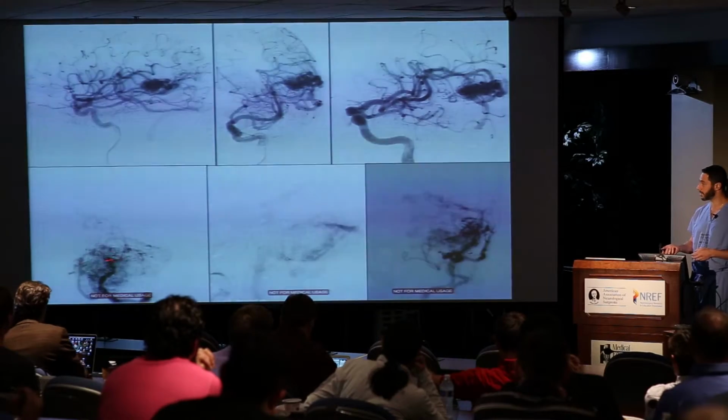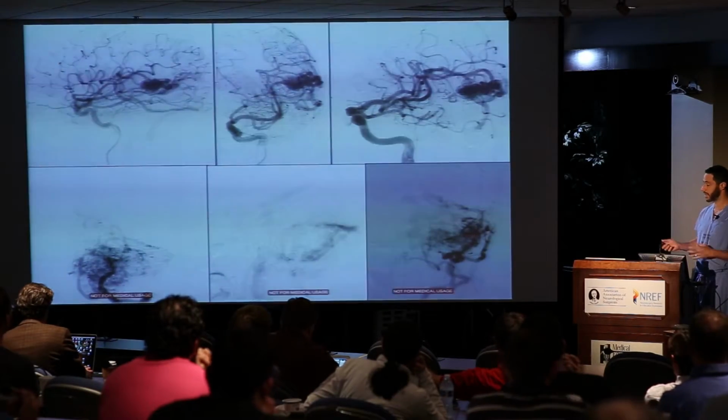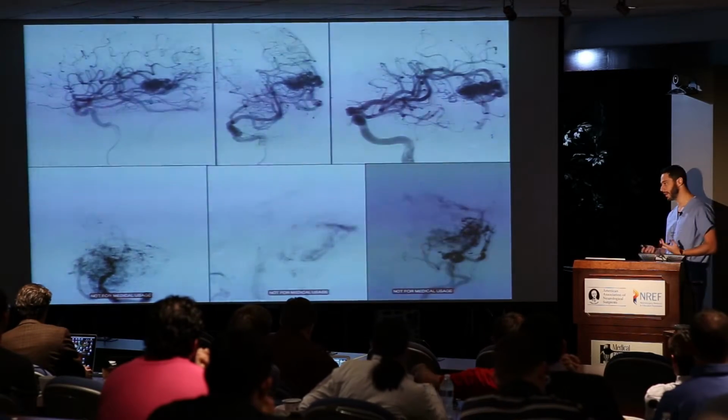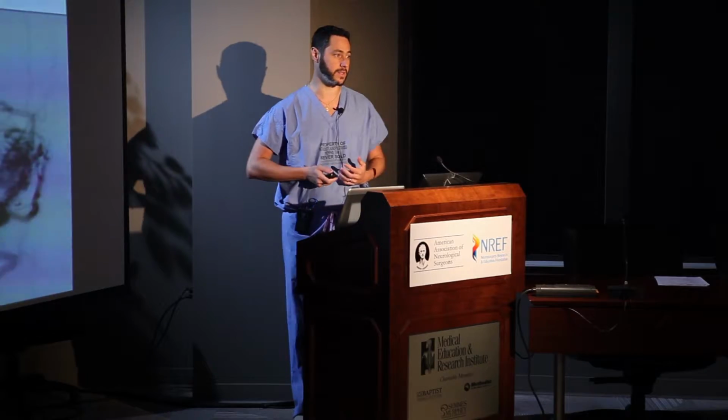It's a puzzle that needs to be put together, right? You don't fill all the AVM from this injection or from this injection. You have to put it together in your head. That's why the angiographic analysis is so important.